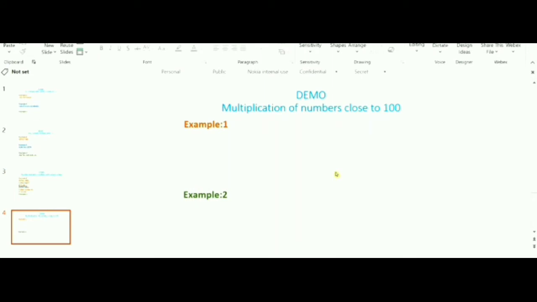All right, let's learn the next trick. This time we want to find the multiplication of numbers which are very close to 100. So I choose one number very close to 100, that is 98. Then I want to multiply it with another number, suppose 94. I need to find the result. In this case we need to focus on 100.